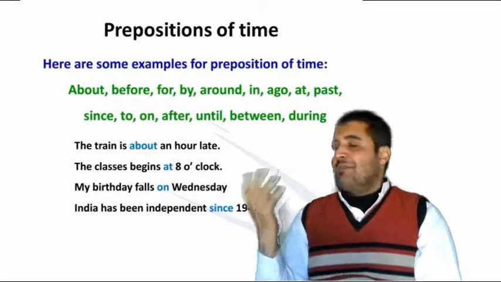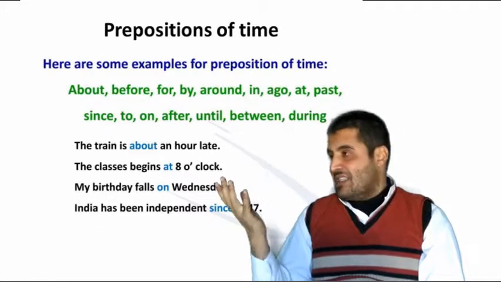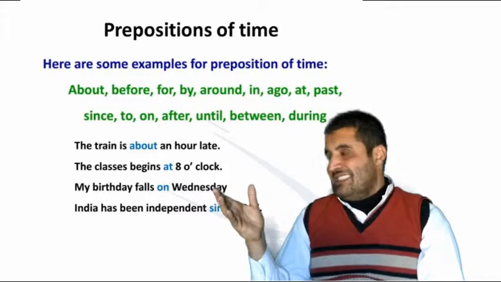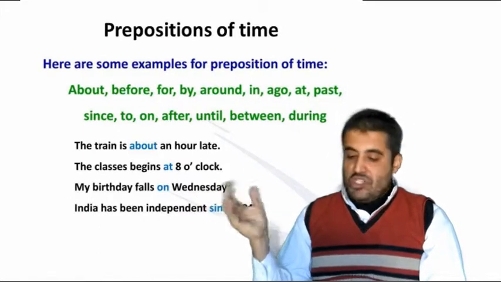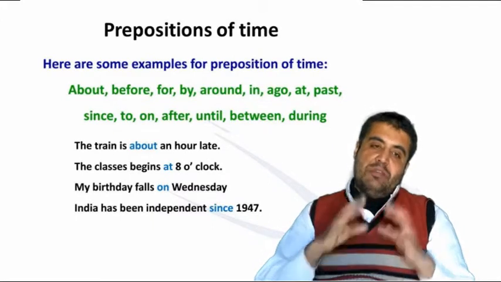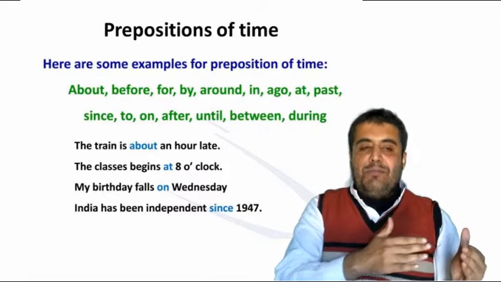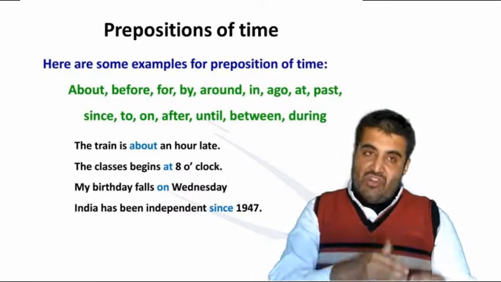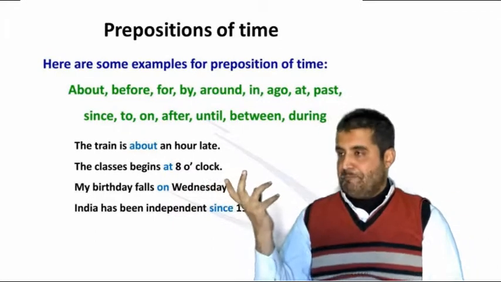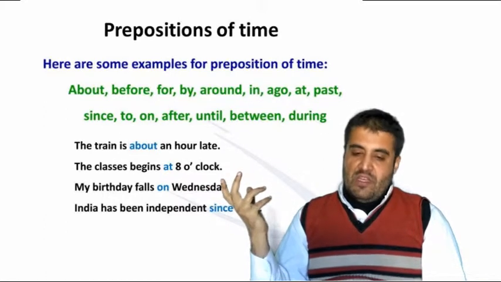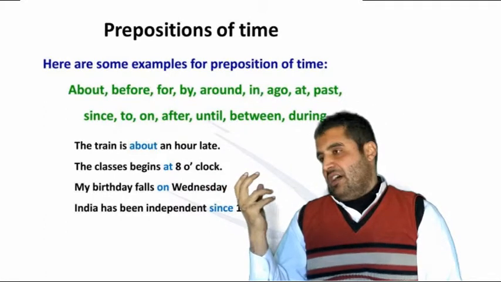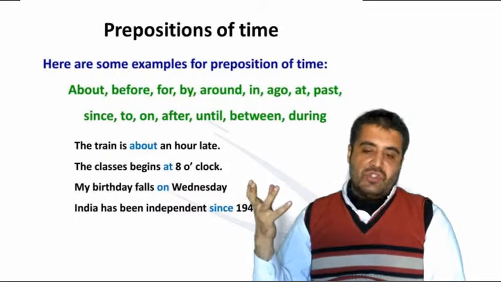In the same way, Pakistan got its independence on 14 August 1947. Again, we talk about Pakistan's relationship with time: the independence of Pakistan starts since 1947. So these were examples of prepositions of time.